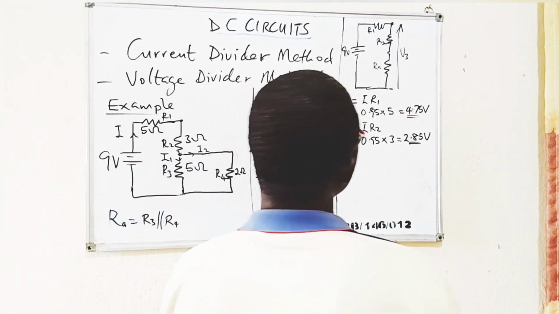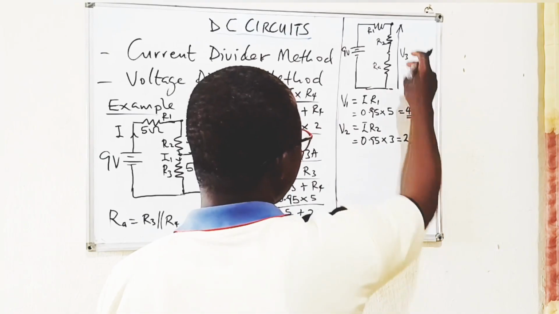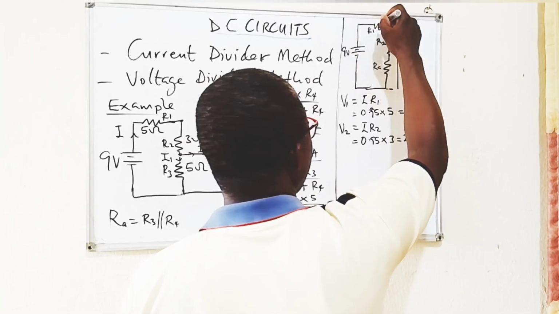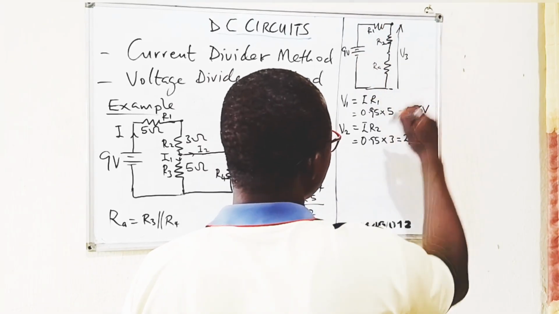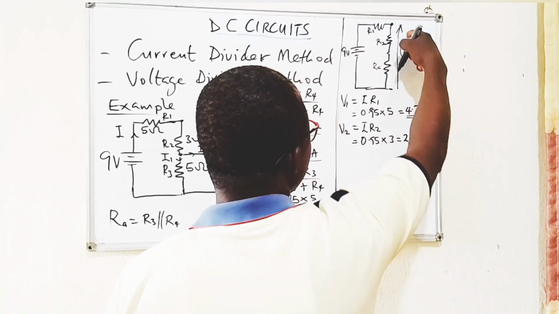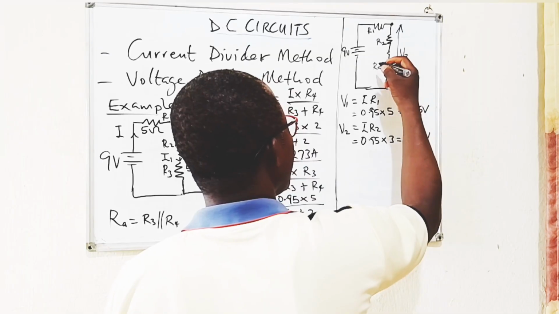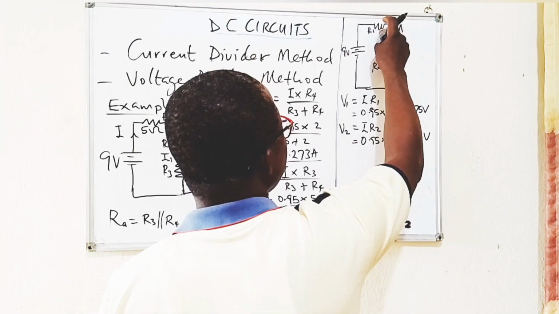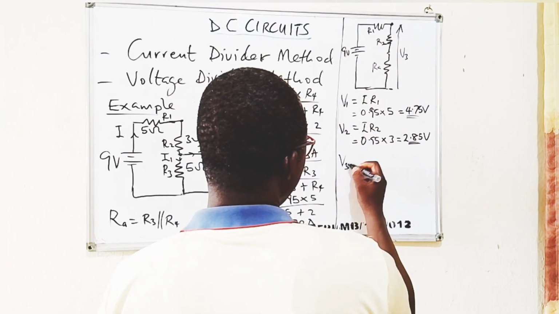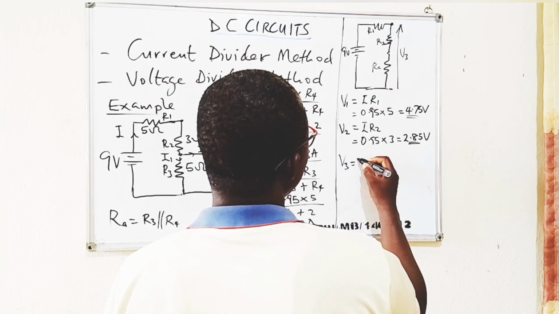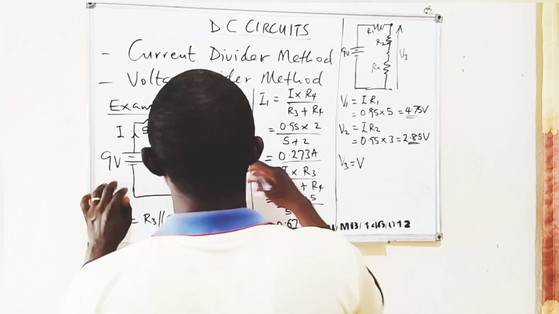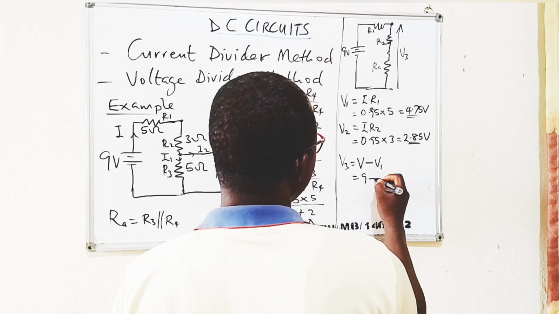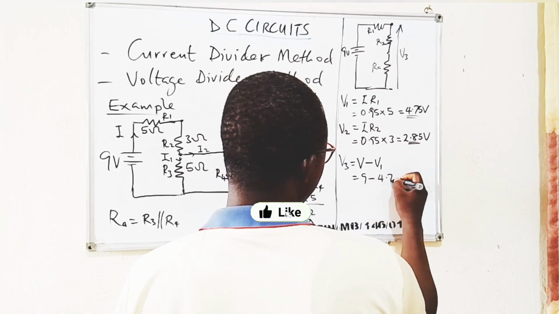To determine V3, we can see that this is the 9-volt supply, and resistor R1 has dropped some voltage out of it. So V3 is actually the difference between the supply and V1. V3 equals the total voltage supplied minus V1, that is 9 minus 4.75.